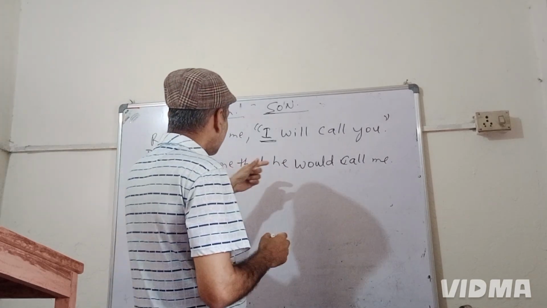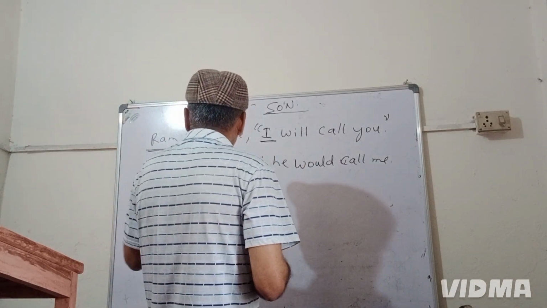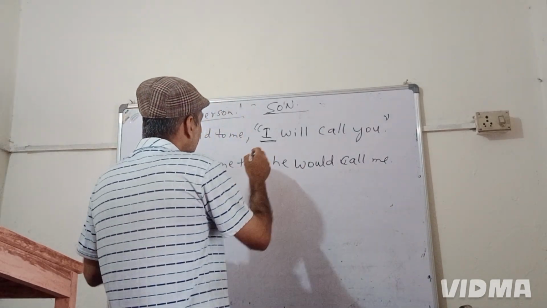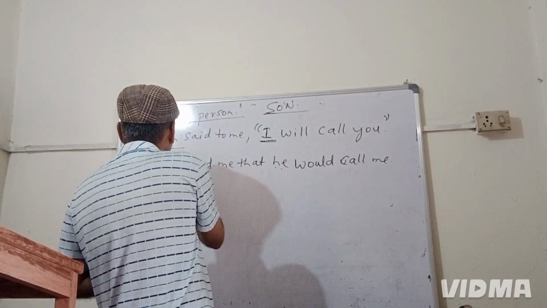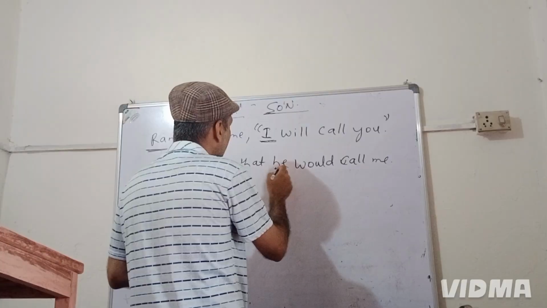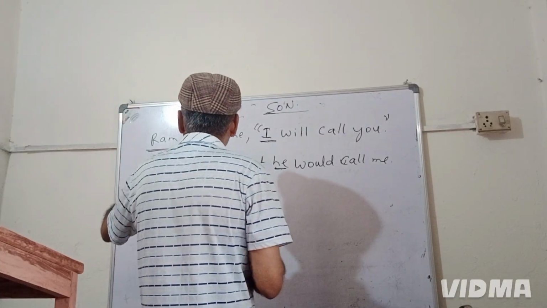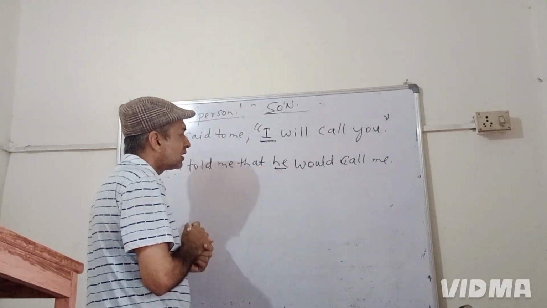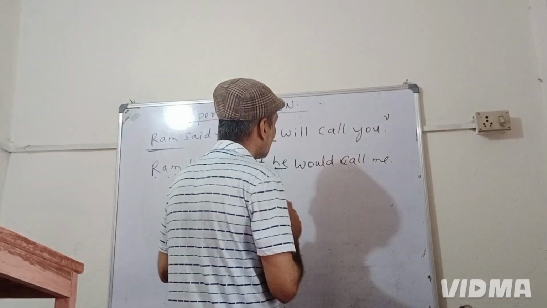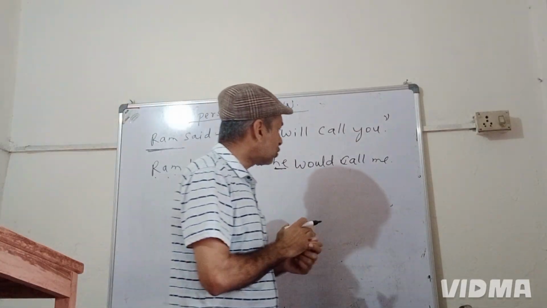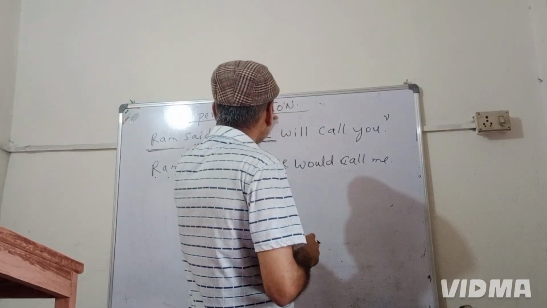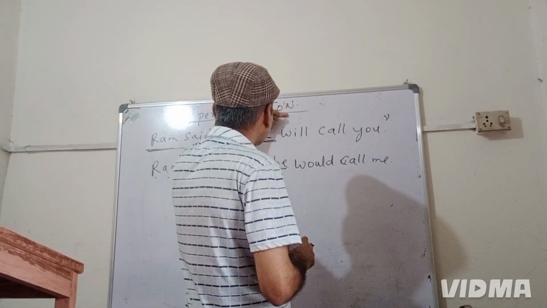So Ram is the subject and the first person is changed into he because Ram is male. So the first person is changed according to the subject of the reporting clause, and the remaining I will tell you later on. So see, this rule is SON. First person is changed according to subject, second person according to object, and third person there will be no change.